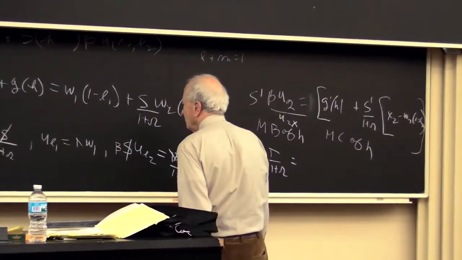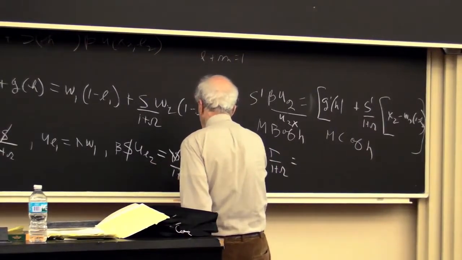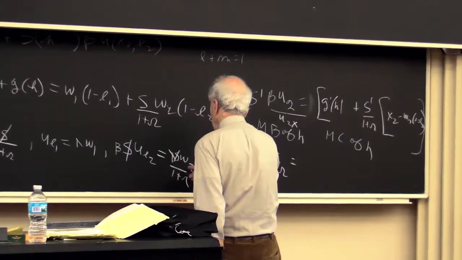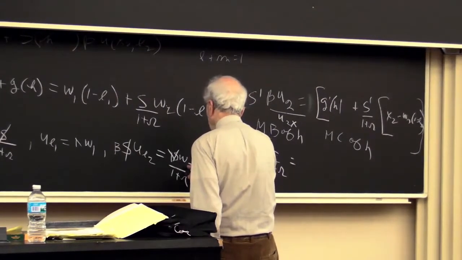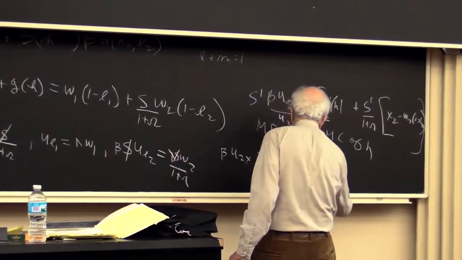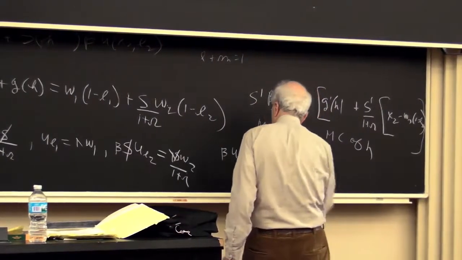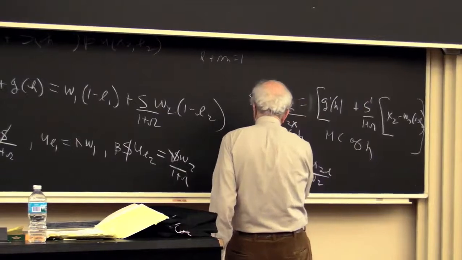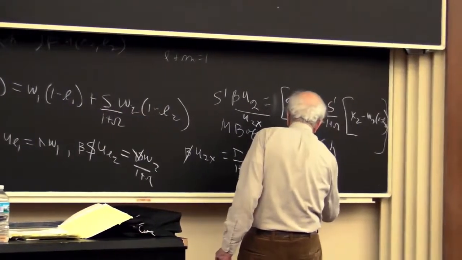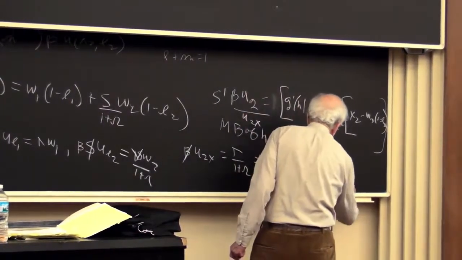And then we know from L2 that beta u2l is equal to lambda over 1 plus r times w, right? So lambda over 1 plus r is equal to beta u2l over w2, or the betas cancel out, and that means that u2l over u2x, take x down here and bring this up, is equal to w2.